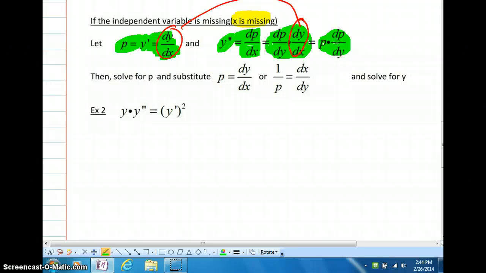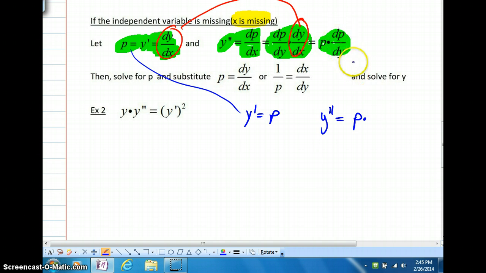So let's immediately jump into example 2 and try to finish it up. Let's let y prime equal p, just like we did right here. Wherever we see a y double prime, we're going to say that's p times dp dy.